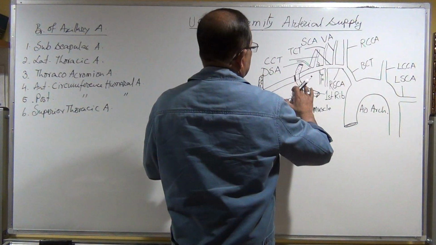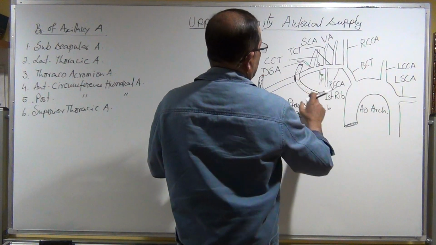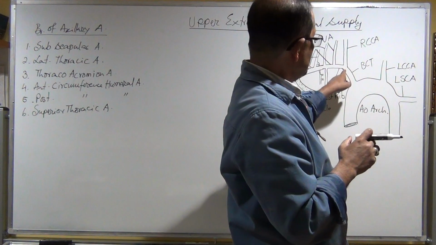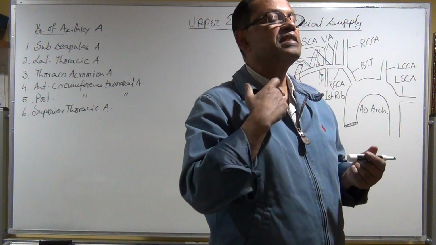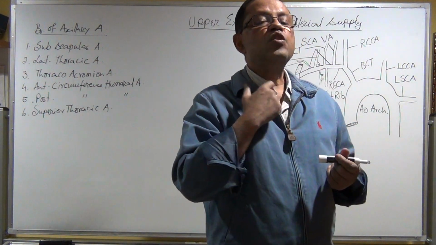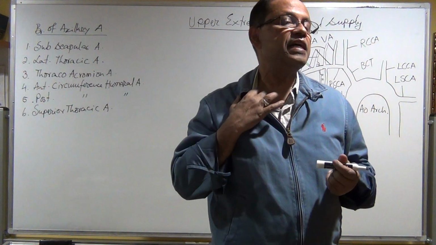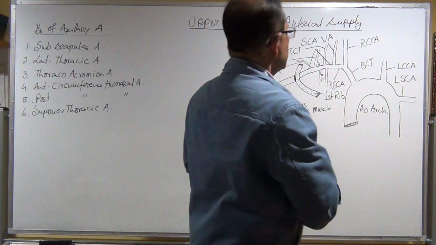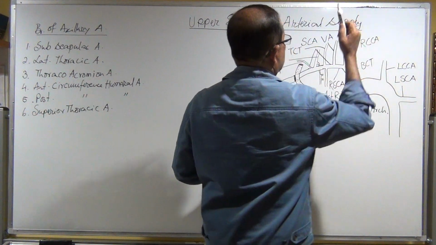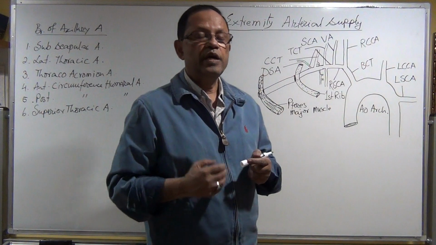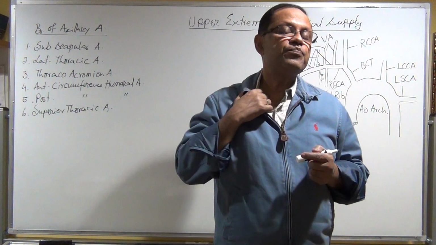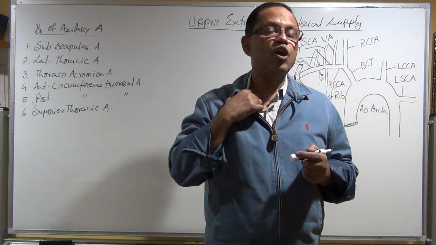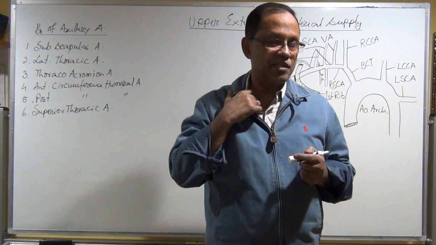The subclavian artery ends at the outer border of the first rib, but it arises behind the right sternoclavicular junction, right here. Behind the junction, the brachiocephalic trunk is split. And it is also at the lateral border of the scalene anterior muscle.